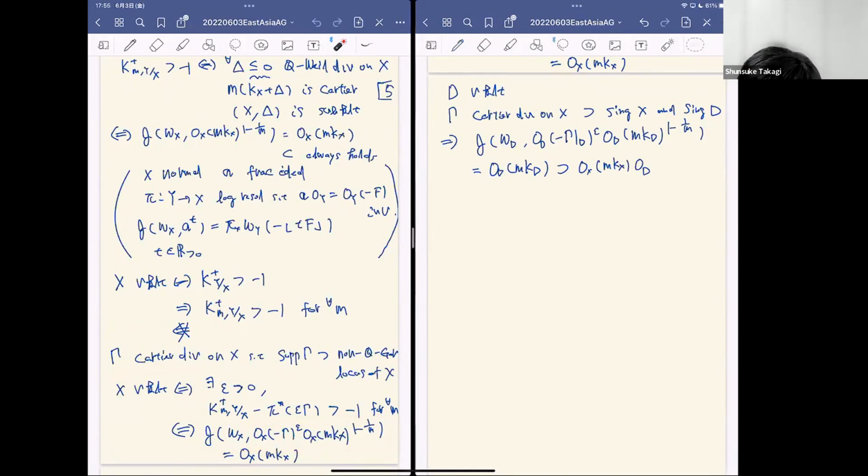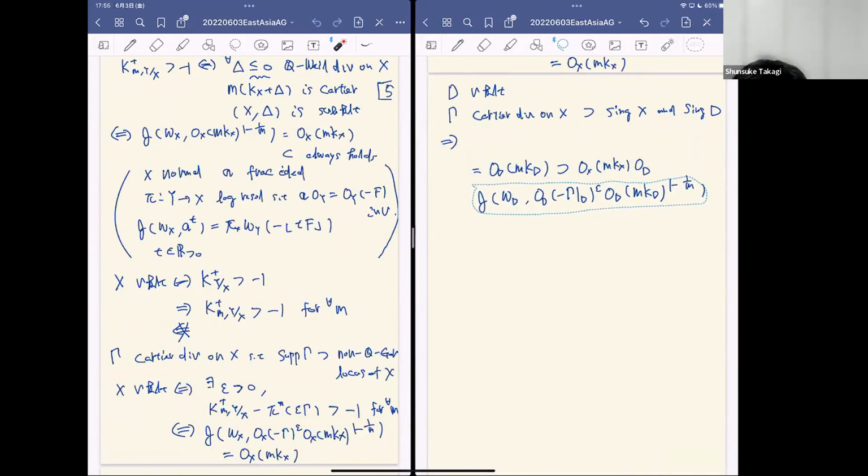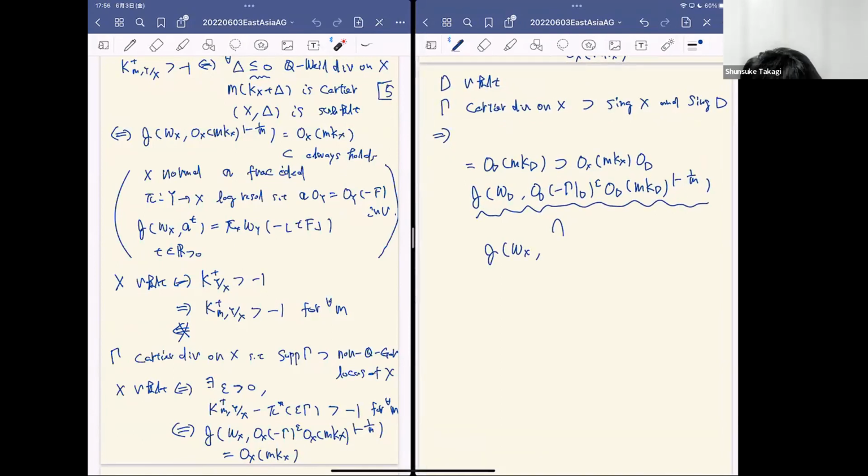Let me write like this. Then this multiplier ideal sheaf is contained in the image of a multiplier ideal sheaf of X. So this is contained in the J of omega X of X minus gamma with exponent epsilon, or X, mKX with exponent 1 minus 1 over m.